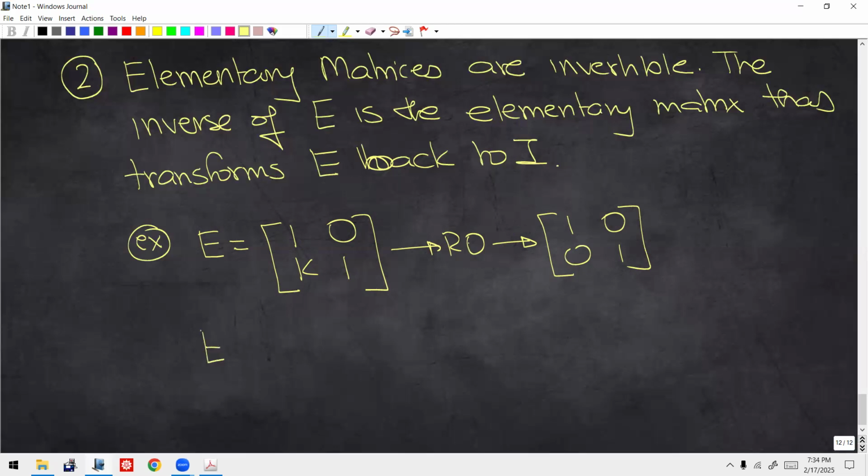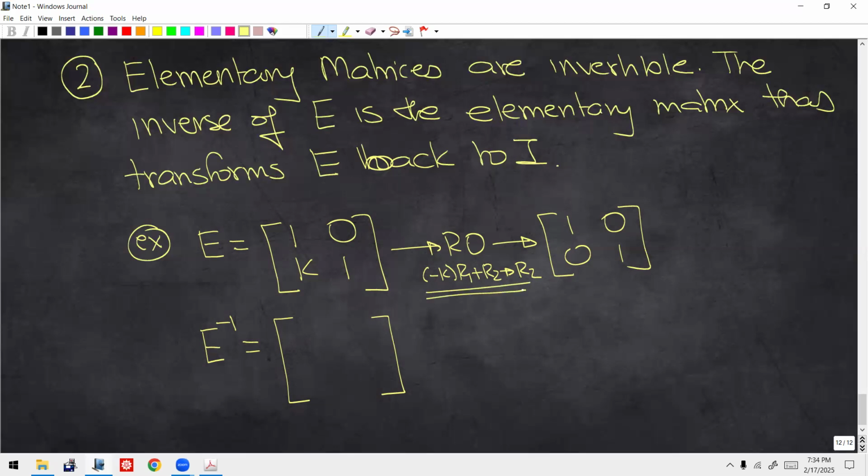So the inverse of this matrix will be... what did we perform here? Like I said, you take negative K times R1 and add it to R2, which will give us a new R2. I want to find the elementary matrix. So remember, to find the elementary matrix, we start with an identity and perform a row operation and we get an elementary matrix.